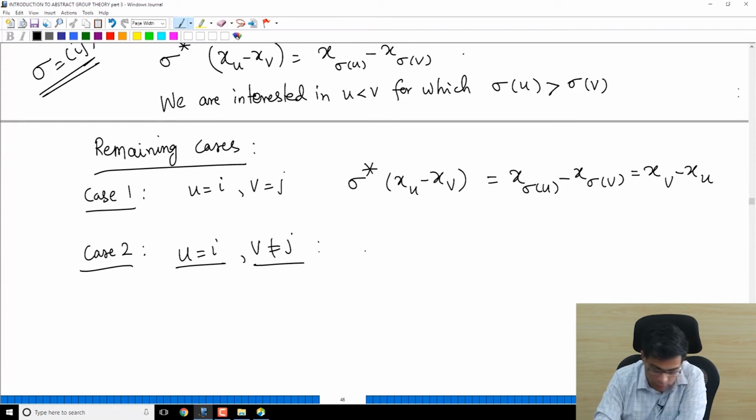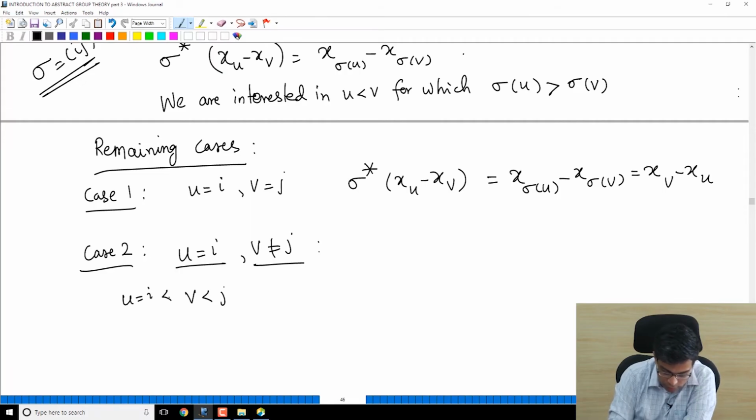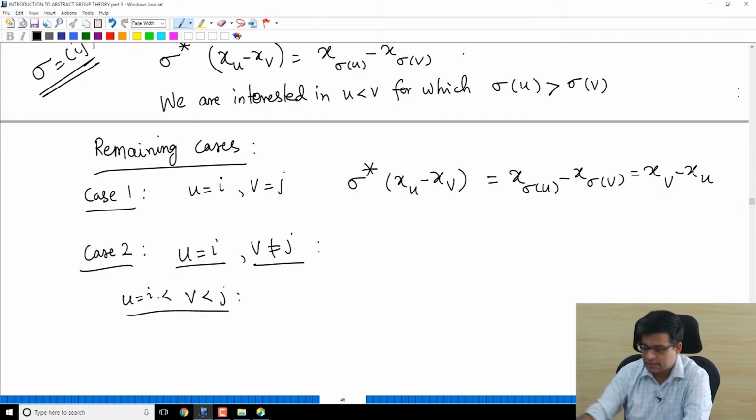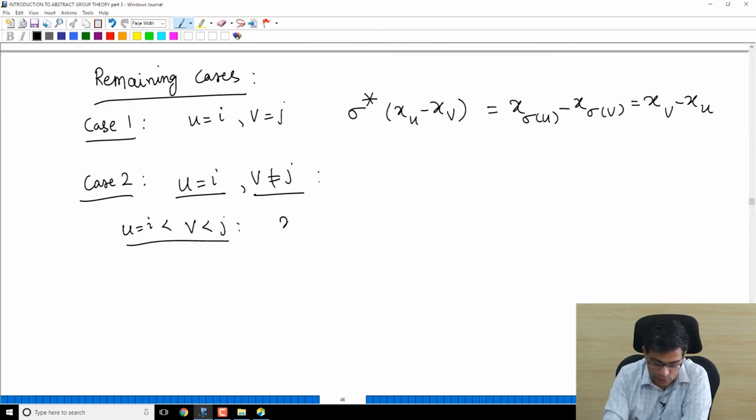We have u equals i, and we have two cases. Let us suppose that, let's compare v and j. So if v is less than j, so you have u equals i, right? So this is a subcase of case 2. In this case, what happens to x_u minus x_v under sigma star?